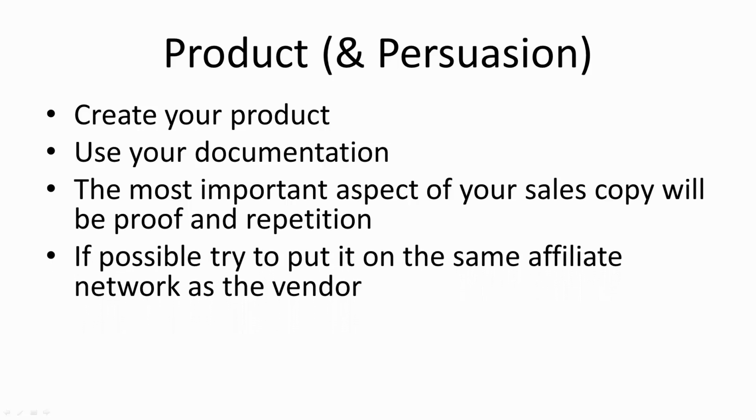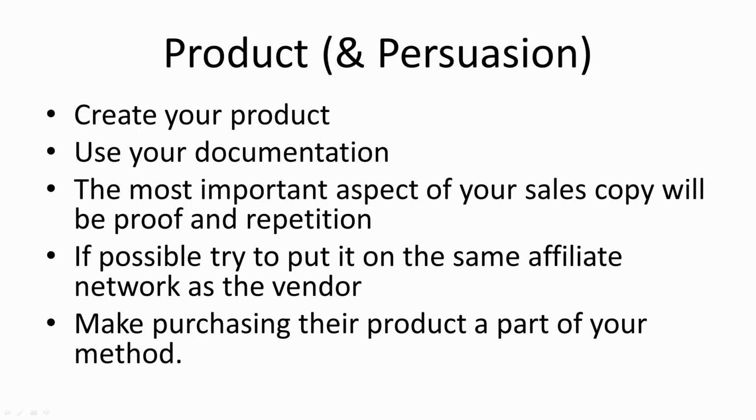Now, if possible, we want to put it on the same affiliate network that the vendor is on, because again, we want to have that relatability, and we want them to be willing, and we want it to be easy for them to promote. And then, one thing we're going to want to do is make sure that we're purchasing their product. We want to make that part of our method.